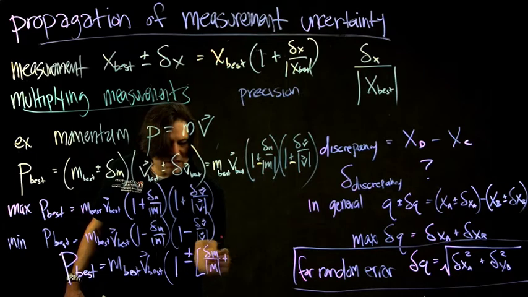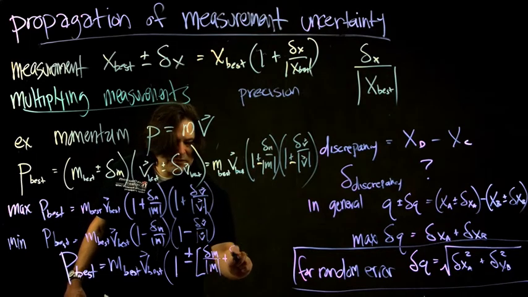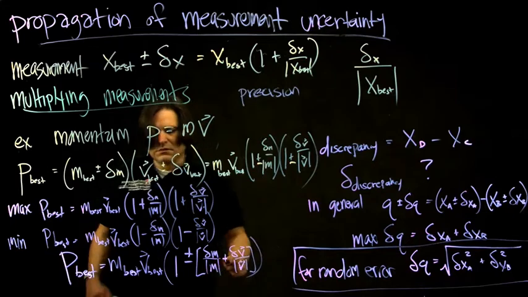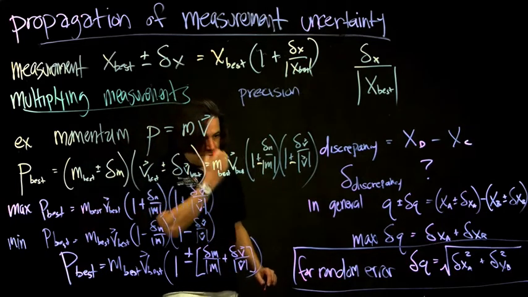So you add these together, and then that's the plus or minus that you're going to use to define your measurement uncertainty. So that's how it works in this case.